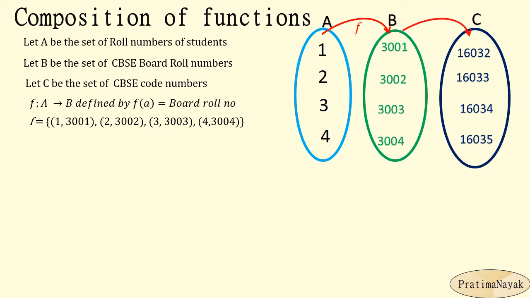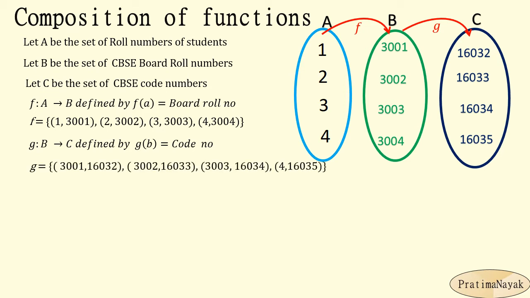Now a function is defined from the set B to the set C. Let it be G. So G is defined from B to C by G of B is equal to the code number. So the ordered pairs in G will be 3001 with 16032, 3002 with 16033, 3003 with 16034, and 3004 with 16035.